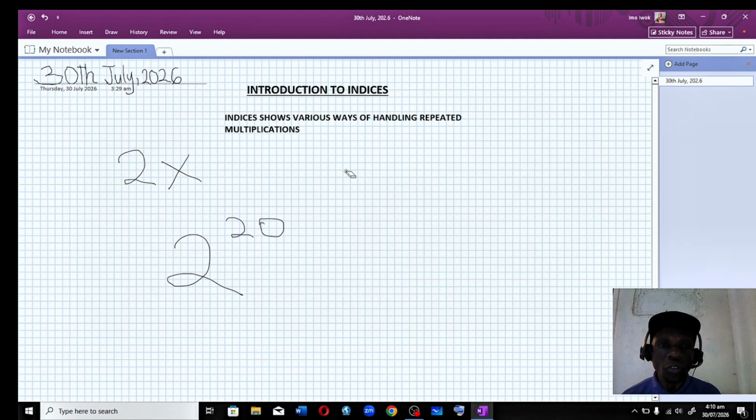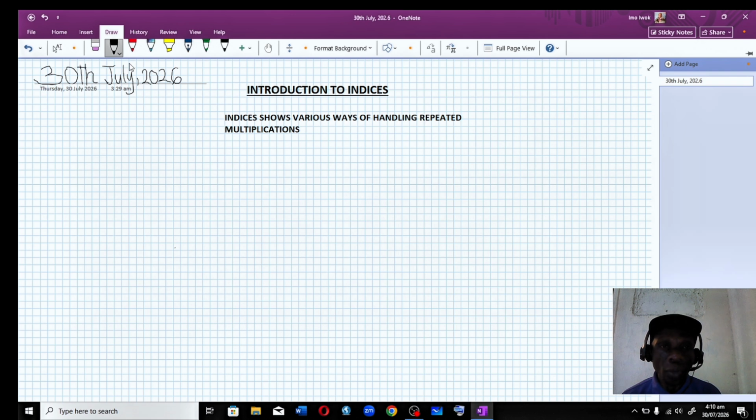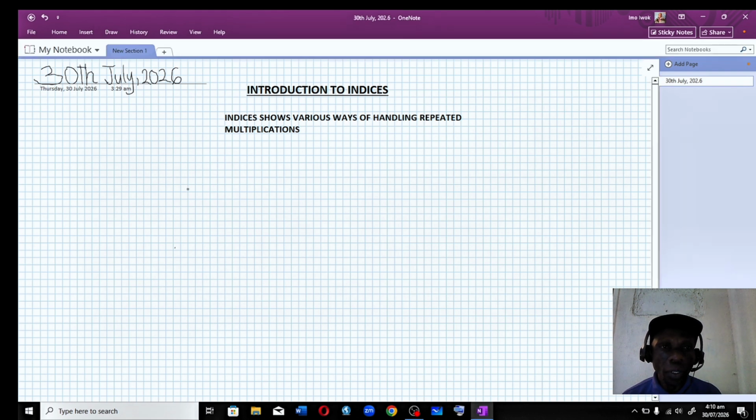But even if time does not permit, what I'm going to do next is still going to be beneficial to each and every one of us. Okay, so here we are. Most times we see numbers that are written in this format. You see a number written like this. The number A is written, and on top of A there seems to be another number or another term X. All representations such as this fall under what we call indices.